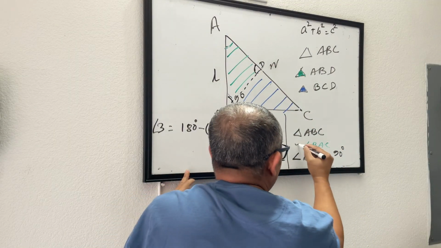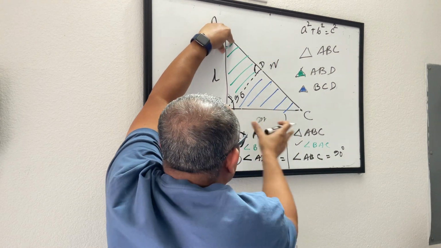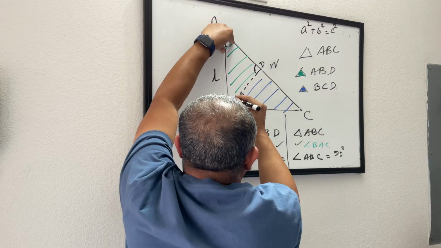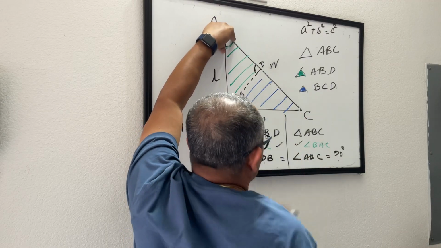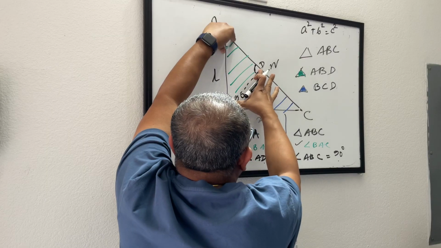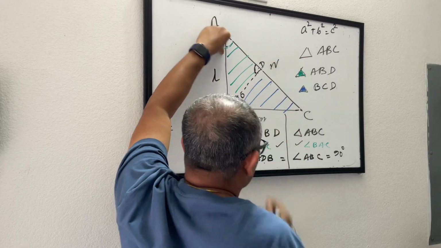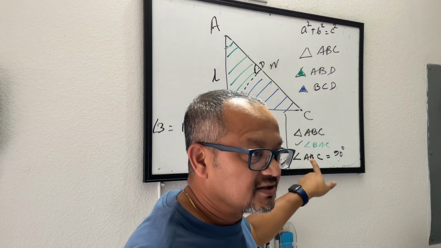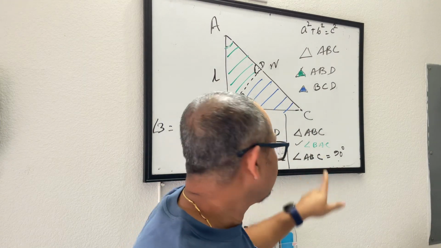This green one is common in both of them. Second angle, now if I look at the large triangle, the second angle is this one, which is 90 degrees, ABC. And when I look at the same small triangle, this is the 90 degrees, meaning ADB. So two of the angles have matched between the two triangles. Yeah?